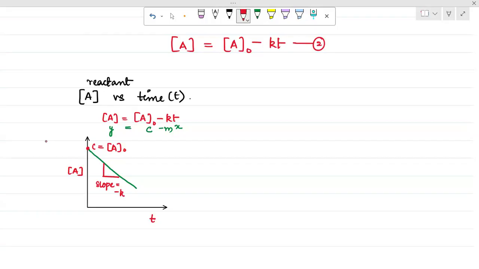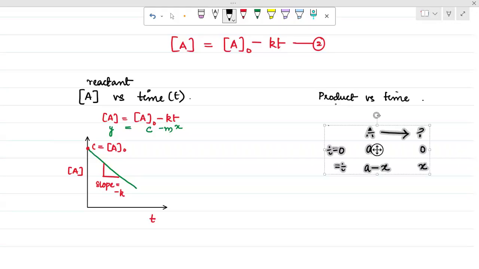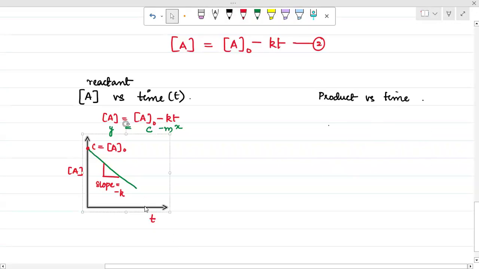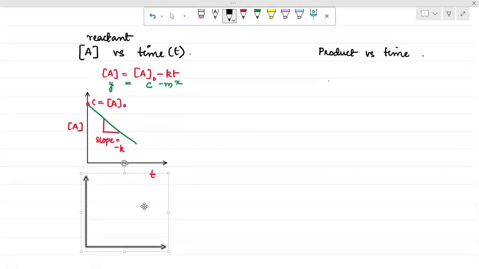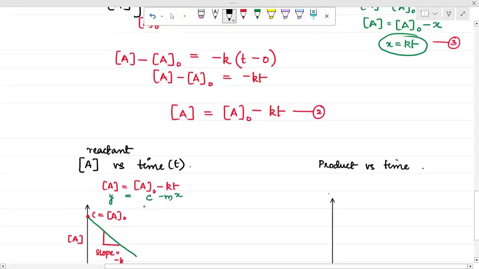So this is the reactant with respect to time. What if you want the product concentration with time? So let's come back to the reaction.